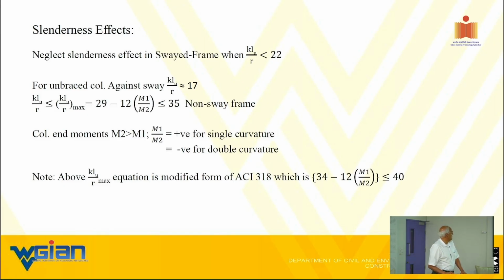Okay. KL over R. So I need to differentiate the swayed column from the unswayed column. So neglect the slenderness effect in swayed columns when KL over R is less than 22. For unbraced column, again sway, KL over R is 17.